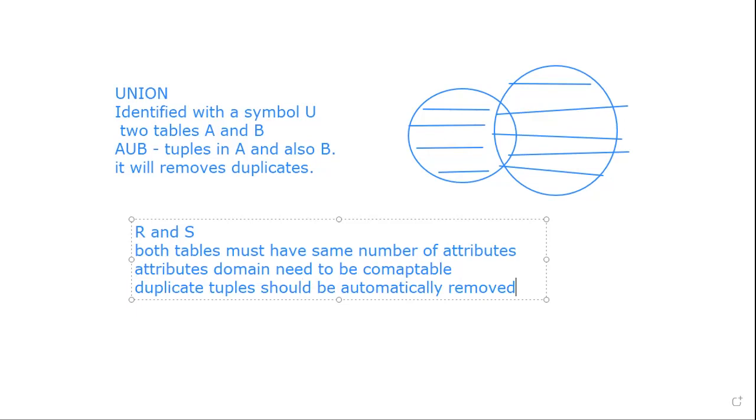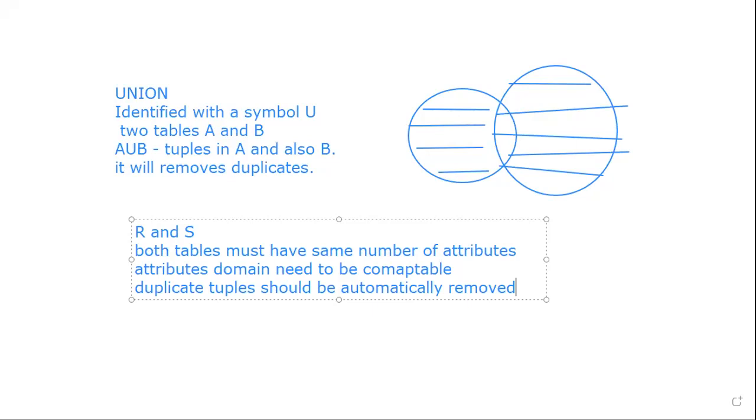Union is one of the set operations, identified with the symbol U. If you take two tables A and B, A union B will give the tuples in A and also the tuples in B, but it will remove the duplicate tuples.